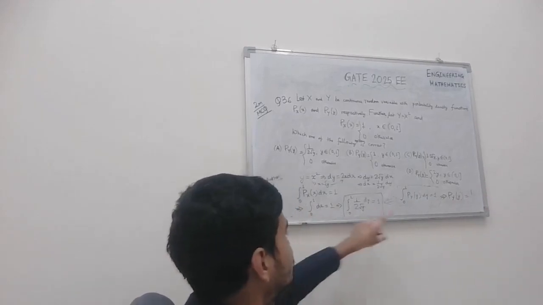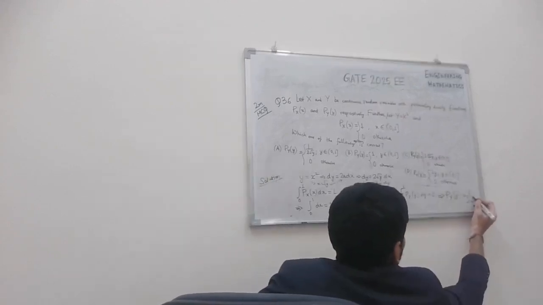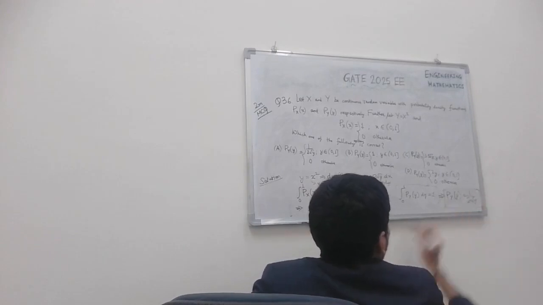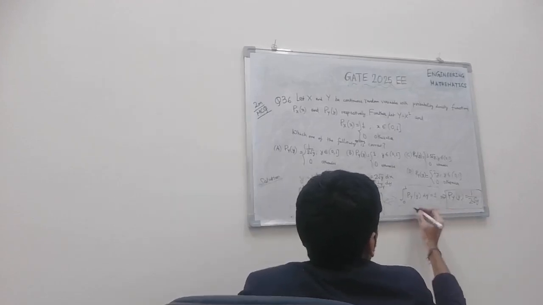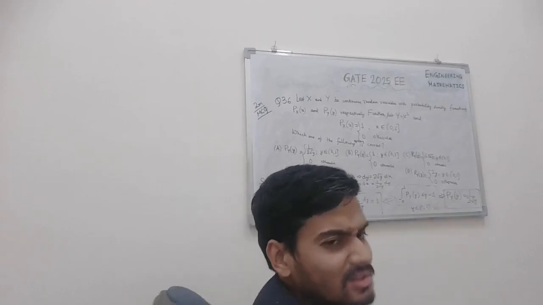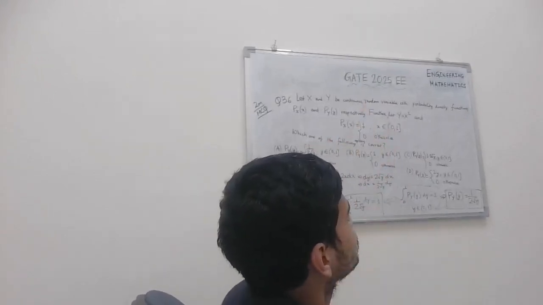It is 1 by 2 square root of y, for y from 0 to 1, and otherwise it will be 0, because y equal to x square, and as x is from 0 to 1, otherwise y will be 0.